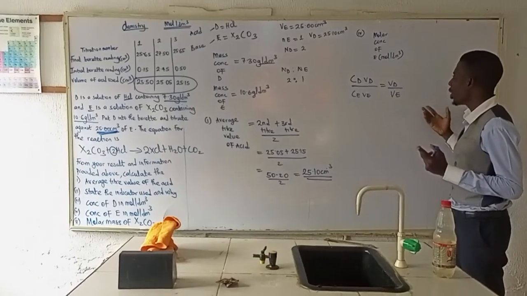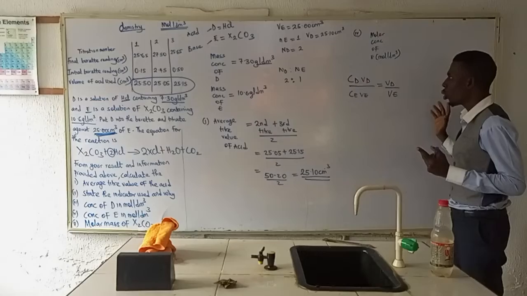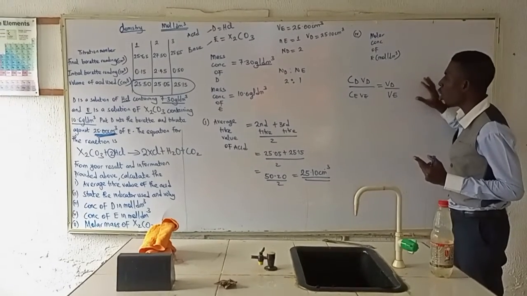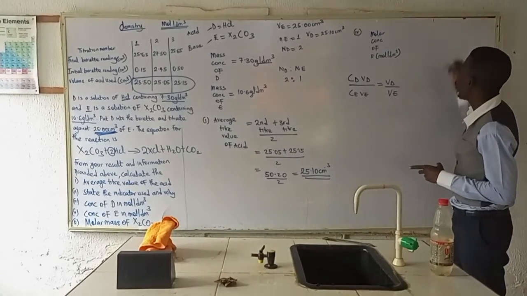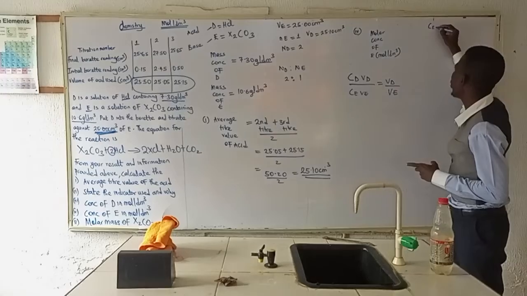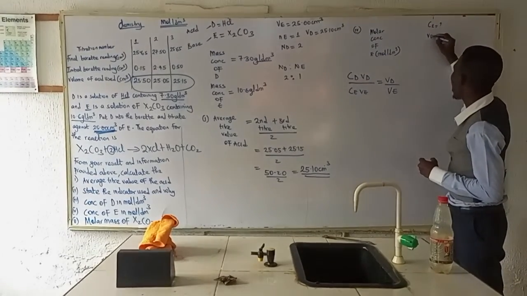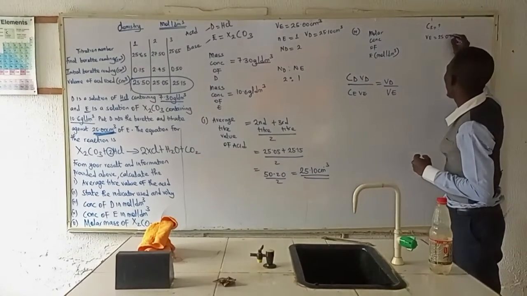Once they provide the concentration of the acid or the base, don't waste time. Use this formula to solve for the other concentration. In this question, we are looking for the concentration of E, which I don't know. The volume of E has been provided: 25.00.